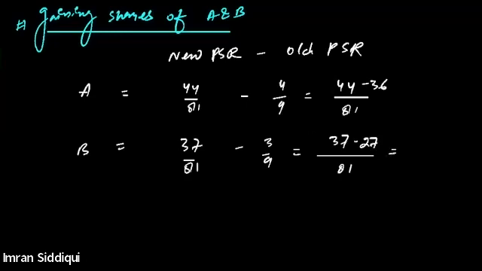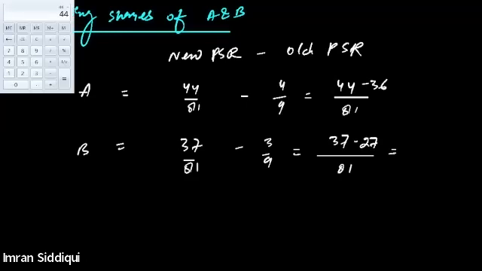All right, let's do the calculation. 44 minus 36, we will get 8 by 81, and 37 minus 27 will get 10 by 81. So the gaining ratio of the partners is 8:10.